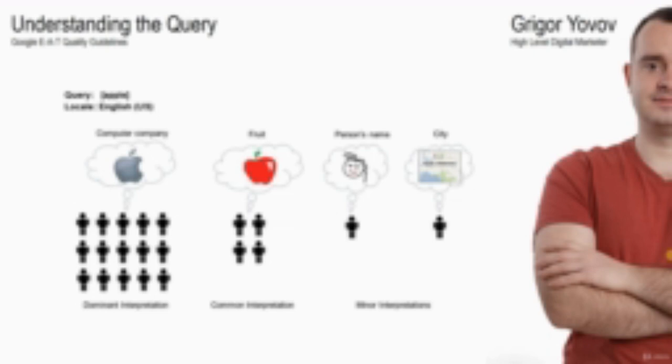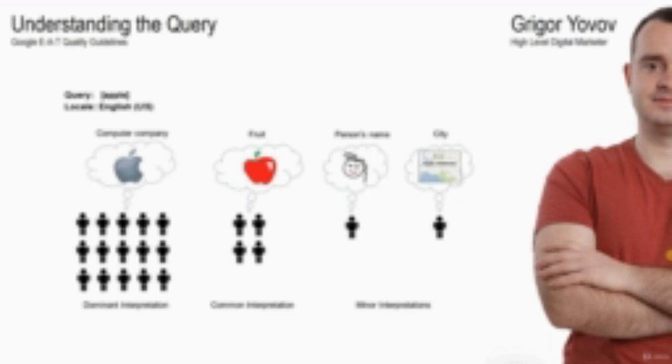What Google states is that there is a different scale depending on the number of people that associate a word with a specific thing. Let's say in this case, according to Google, the dominant interpretation is the computer company, and this is what most people are thinking about when they hear Apple and when they search Apple.